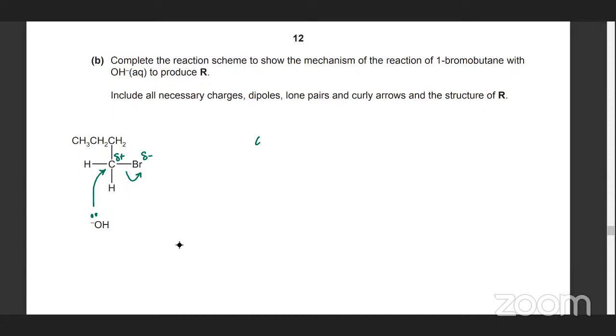And you have to include all the necessary charges. So the next step would be you have your CH3, CH2, Br would start to leave. Here are your two hydrogens.